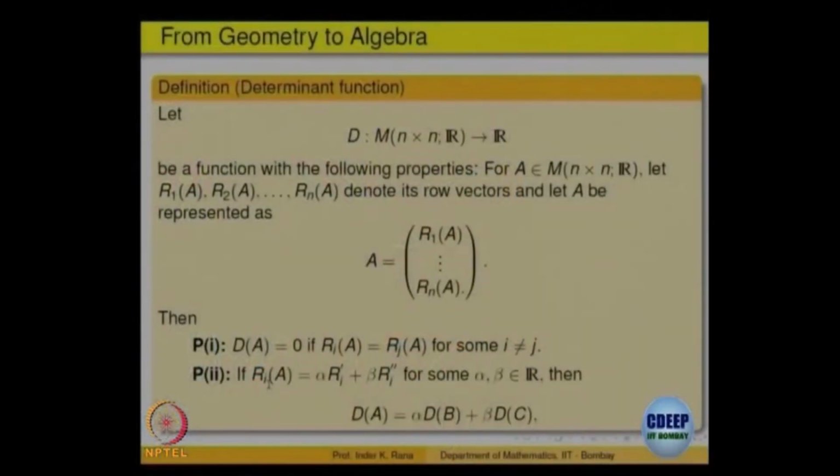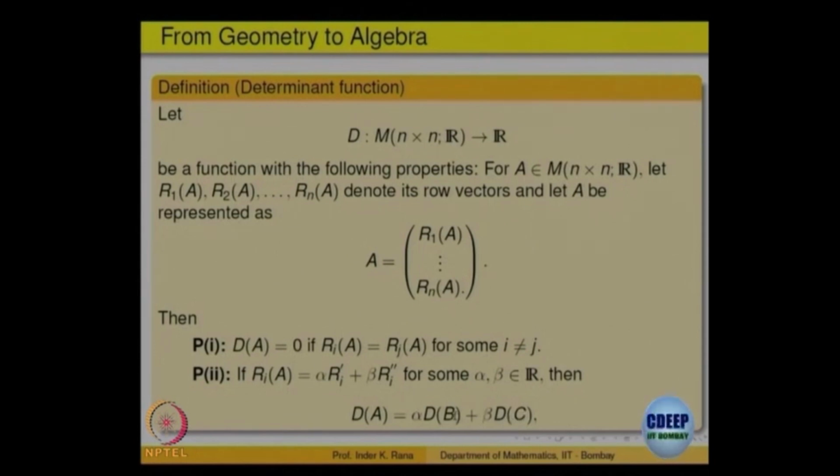The second property is the linearity property: if the ith row of A is a linear combination of two other row vectors, alpha ri dash plus beta ri double dash, then the determinant of A is alpha times the determinant of a matrix B plus beta times the determinant of a matrix C. What is B here?